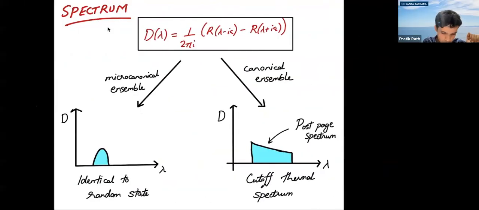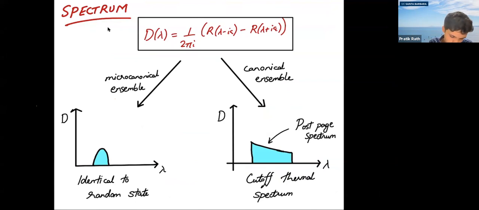Good. So once we compute the resolvent, we can compute the spectrum, and then from the spectrum we can obtain all sorts of quantities like the von Neumann entropy. There's two ways in which we can do this calculation. One is where you have the gravitational system in a microcanonical ensemble, so you're using fixed energy boundary conditions, or you can use the canonical ensemble where we have fixed temperature boundary conditions. They both have nice forms.